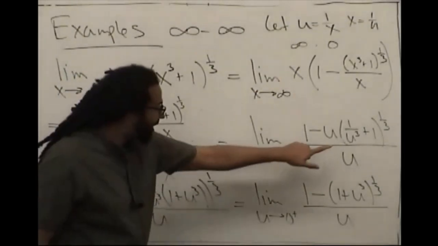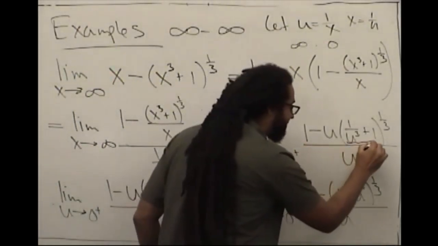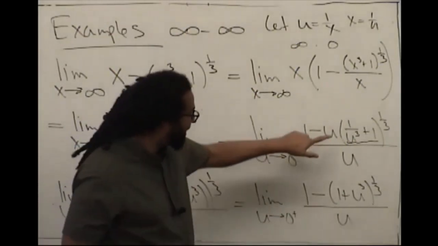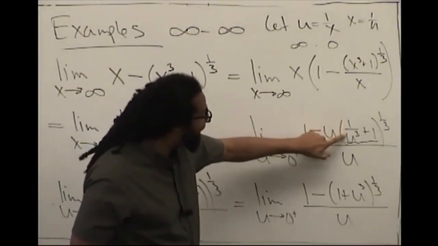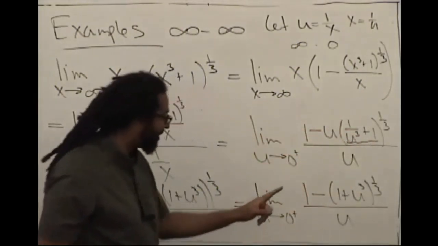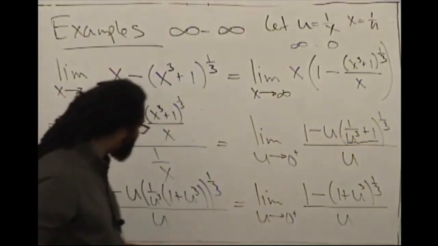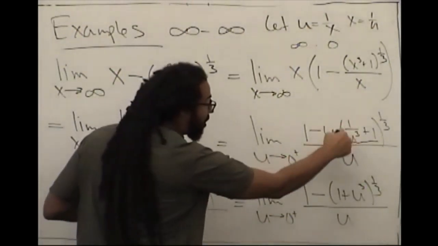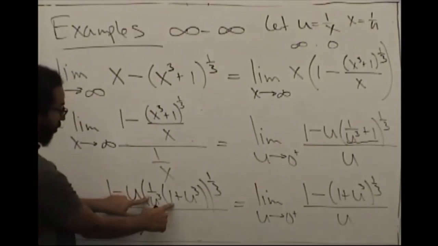So now in the parentheses here, I want to try to simplify that thing a little further. I can do that if I factor out a 1 over u cubed from both of these things, and you'll see why I'm going to do that in a minute. So when I factor out a 1 over u cubed from 1 over u cubed, I'm just left with a 1.